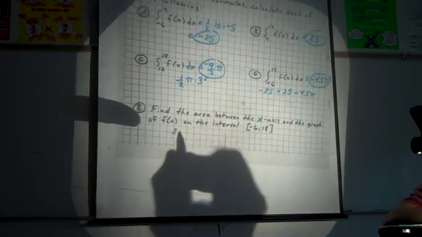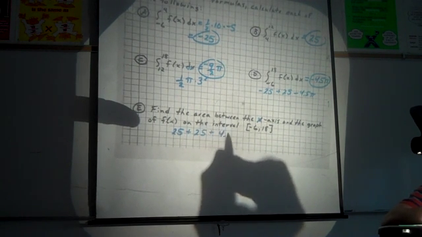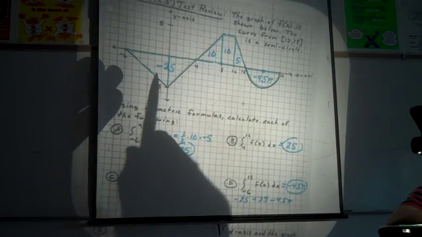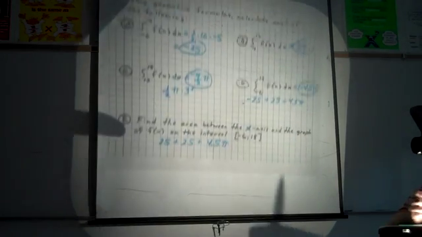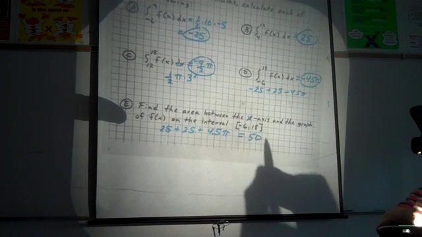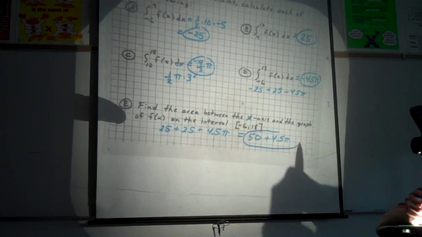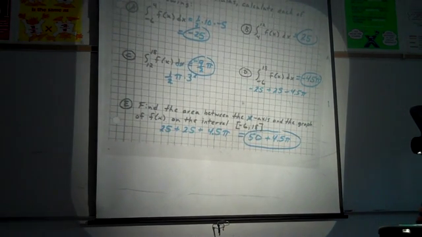It's going to look like this, 25 plus 25 plus 4.5 pi. So ignore the negatives, in other words. Okay? We're not worried about where the area is at, we just want the total area between the graph and the x-axis. So that answer is going to end up being 25 plus 25, so it'd be 50 plus 4.5 pi. Any questions about that?